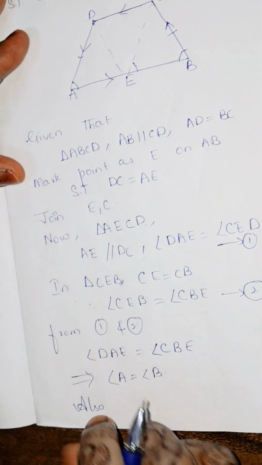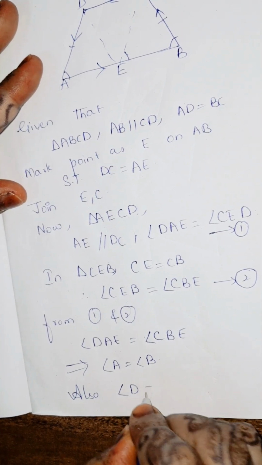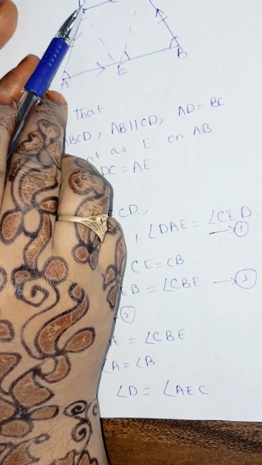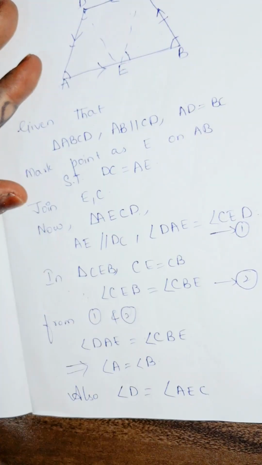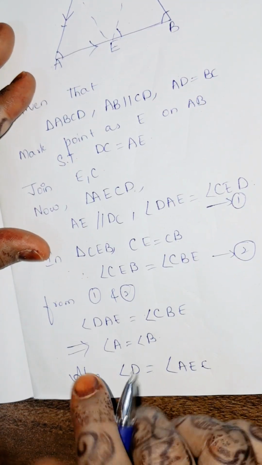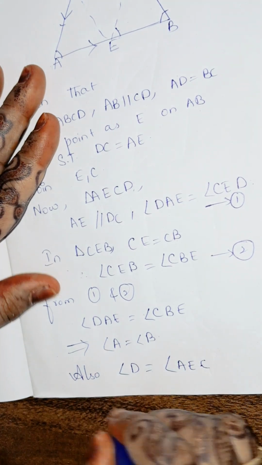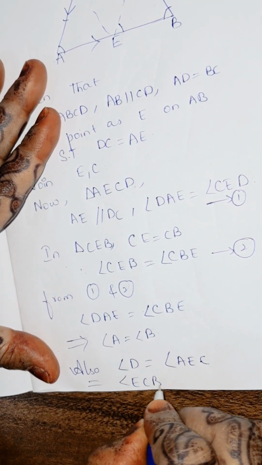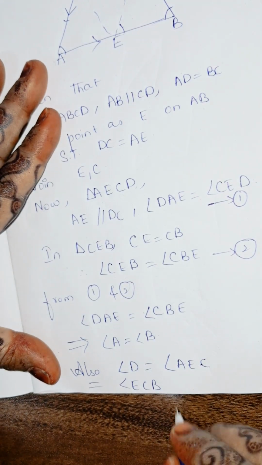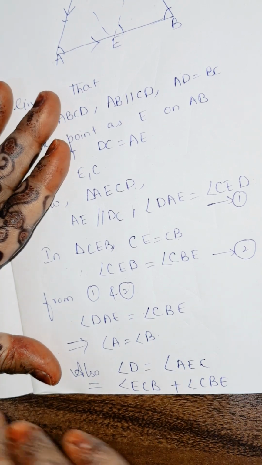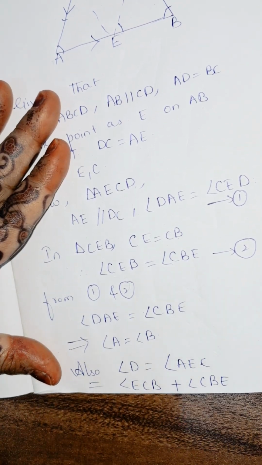Also angle D is equal to angle AEC, since opposite angles of a parallelogram are equal, right? So next, this will be equal to angle ECB plus angle CBE, since AEC is the external angle of triangle BCE.